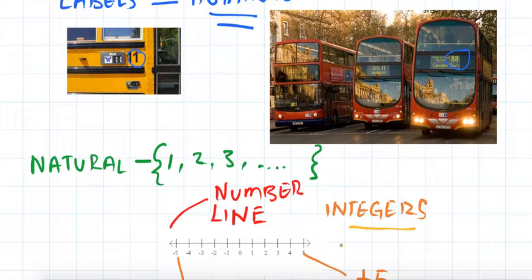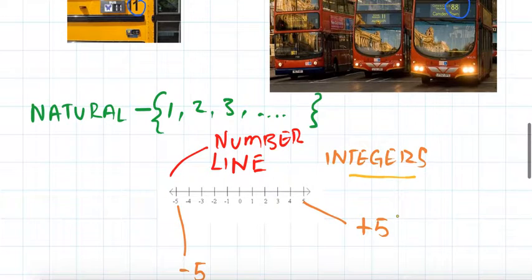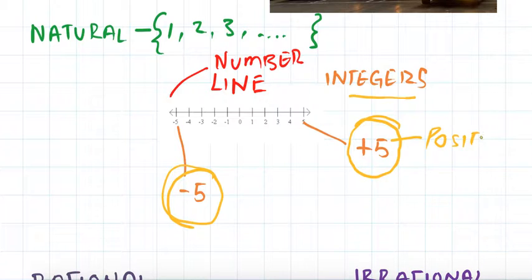So if you take 5, for example, positive 5 is represented on the right side of the number line, and negative 5 is represented on the left side of the number line. Mathematically speaking, the proper name for -5 is negative 5, and this is what we refer to as positive 5.